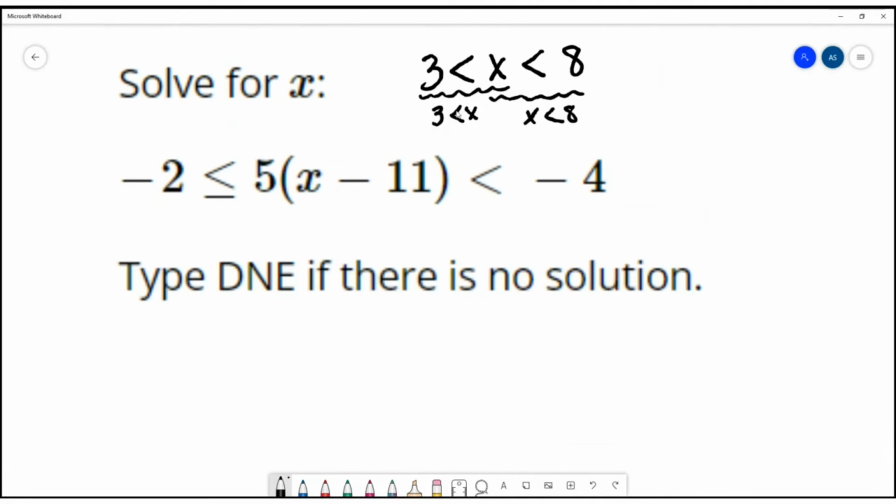Now, thinking of these two simultaneously, this one says that 3 is less than x, or if we reverse that, x is greater than 3. And this one says x is less than 8. So we're talking about numbers that are less than 8 but greater than 3. So on the number line, we're talking about all the numbers that are between 3 and 8.